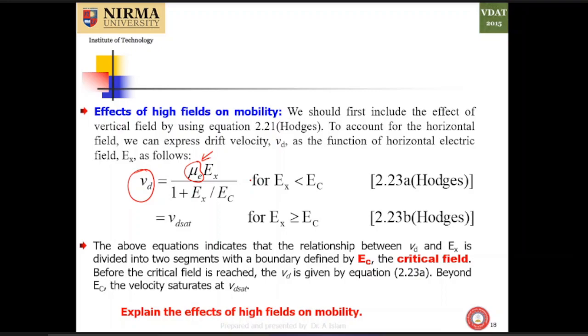To account for the horizontal field, we can express drift velocity Vd as a function of the horizontal electrical field Ex, and EC, the critical electrical field. As Ex increases and becomes high enough, the carriers will start saturating, and drift velocity will not increase linearly with the field.